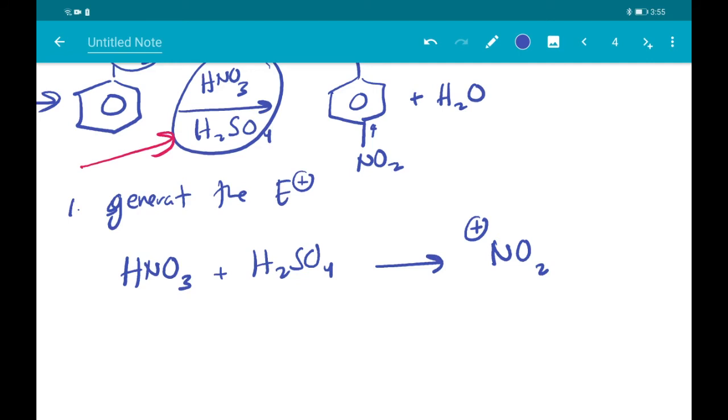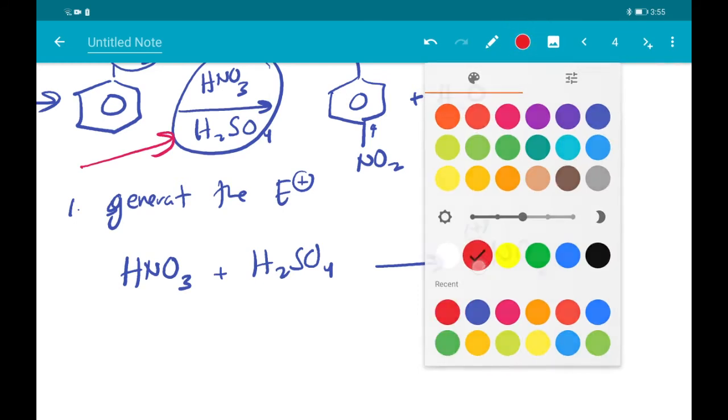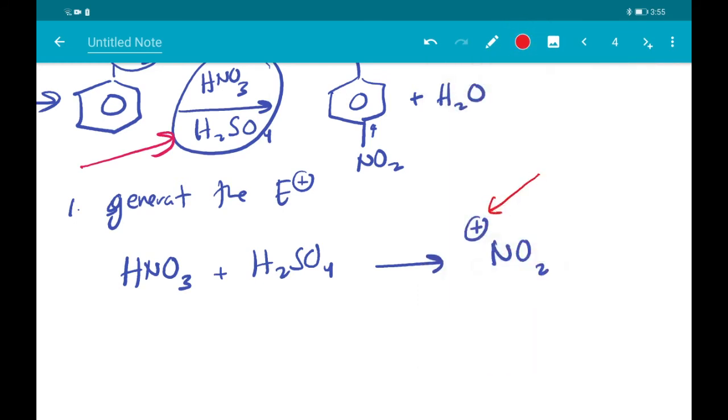Again, I want to remind that electrophile stands for species which are attracted to the electron. Electron is negative, therefore electrophile must be positively charged because positive is always attracted to negative.